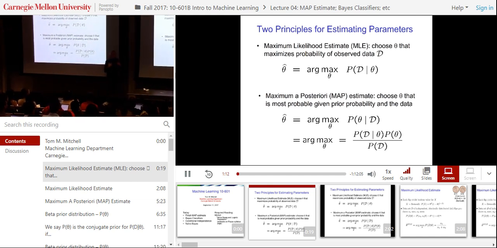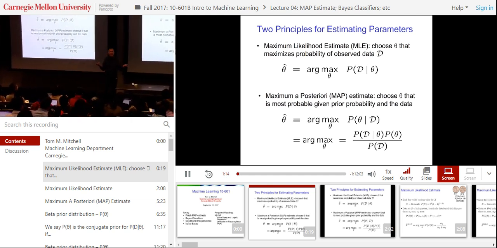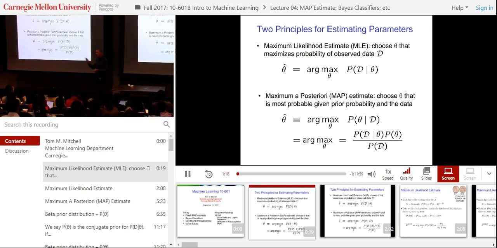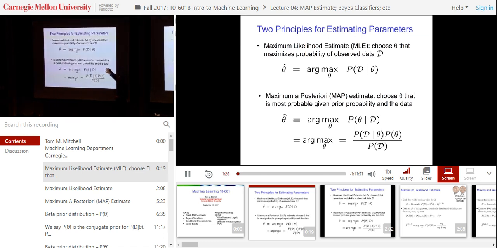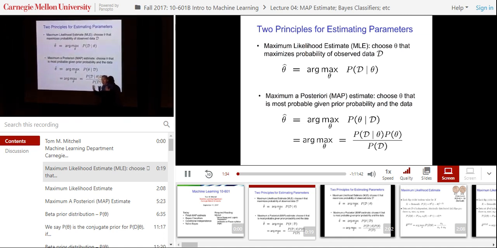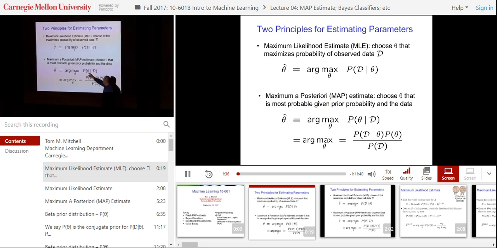And then we did some work to show that if we do that, we get a particular algorithm that many of us would have thought of anyway for how to estimate the probability, for example, of a Boolean variable that can have values 0 or 1. And then the second approach we talked about, the maximum a posteriori probability approach, is to instead choose the value of our probabilistic parameter that we're trying to estimate, which is itself most probable.